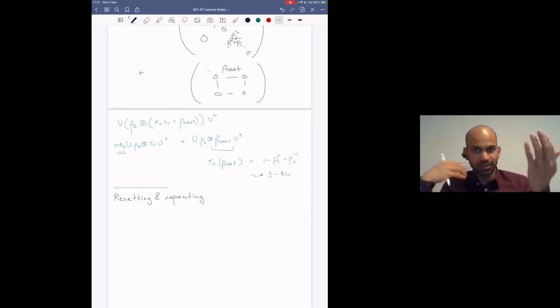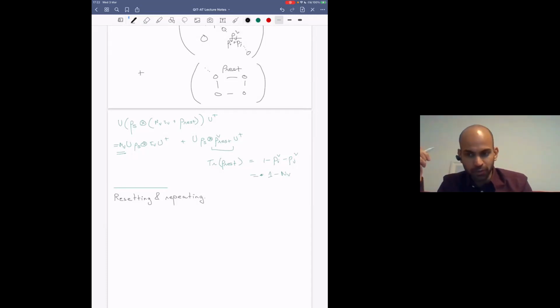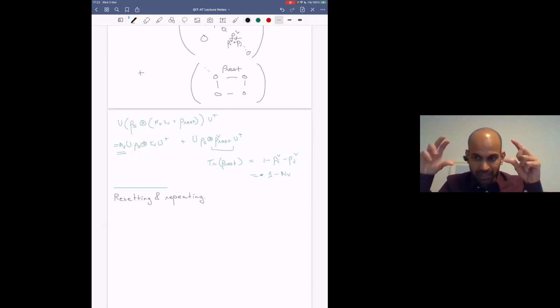It just oscillates between the state that we had to start with and the state that we get after one swap. But what we can do, and this is the basis for a lot of things in thermodynamics, is we can say, well, before I repeat the swap operation, let me return the state of V to what it originally was. Because the way most thermal machines work is we're going to have a system. We're going to design a virtual qubit to have the properties we like.